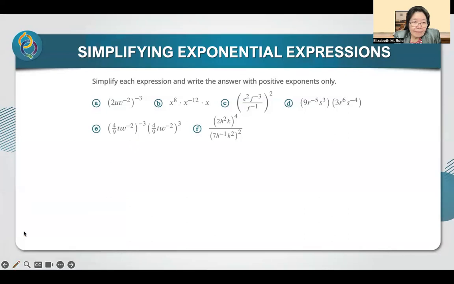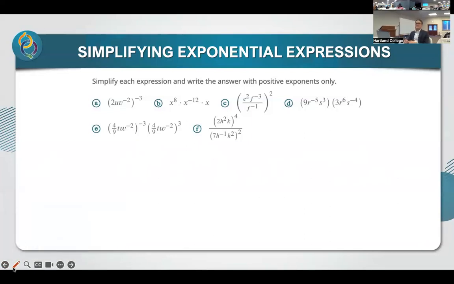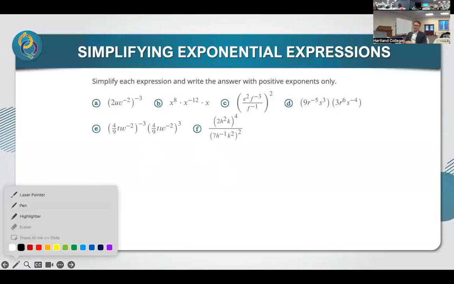Then r, and then 1 over s. So 27 r times 1 over s. Did you get that?